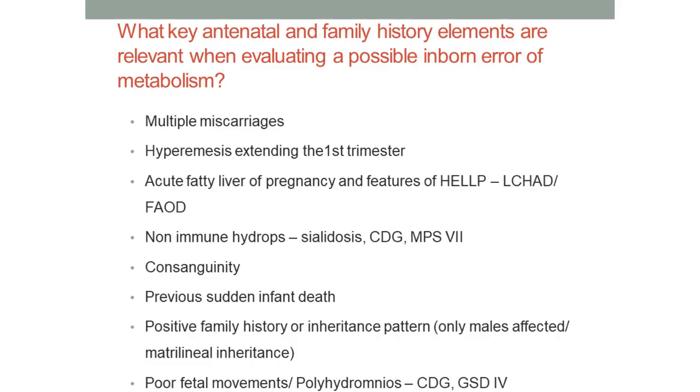So, history of multiple miscarriages in the mother, hyperemesis extending beyond the first trimester, acute fatty liver of pregnancy and features of HELLP, which can be due to LCHAD or fatty acid oxidation defects, non-immune hydrops, which can be seen in congenital disorders of glycosylation, MPS type 7, history of consanguinity, previous sudden infant death, positive family history or inheritance pattern, like only males affected in the family, or a maternal inheritance, poor fetal movements or polyhydramnios in the fetal period.